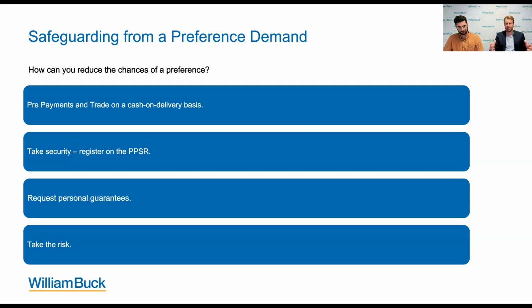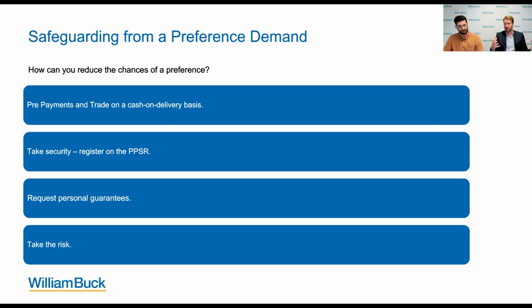And then lastly, I guess it's take the risk. A bird in the hand is worth two in the bush, I guess, is the concept here. You take the cash, you forge on, you operate in good faith and operate within the realms of normal operating conditions.